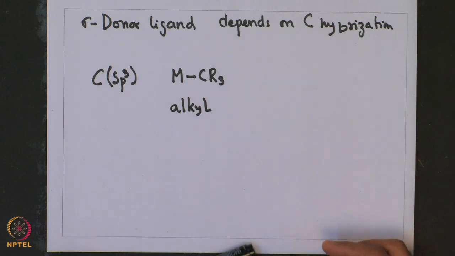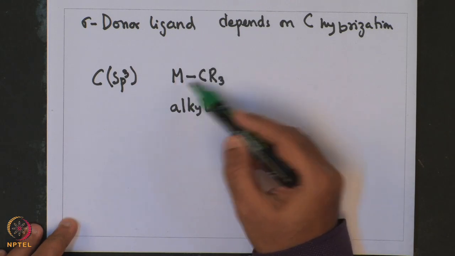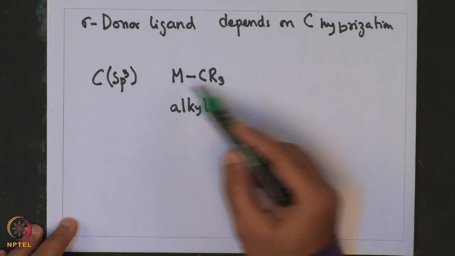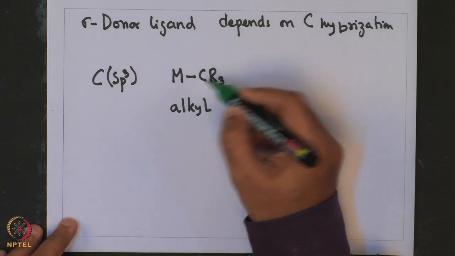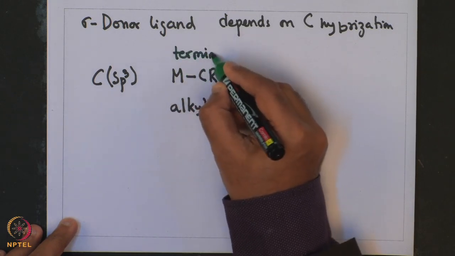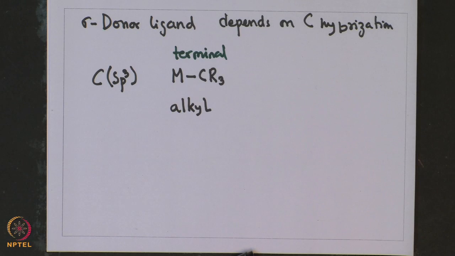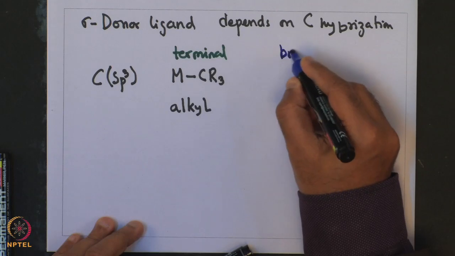Now, when the compound is in this way, the way it is drawn, then this kind of binding is called terminal binding. So, this alkyl ligand is a terminal ligand. An alkyl ligand can also bridge and become a bridging system.